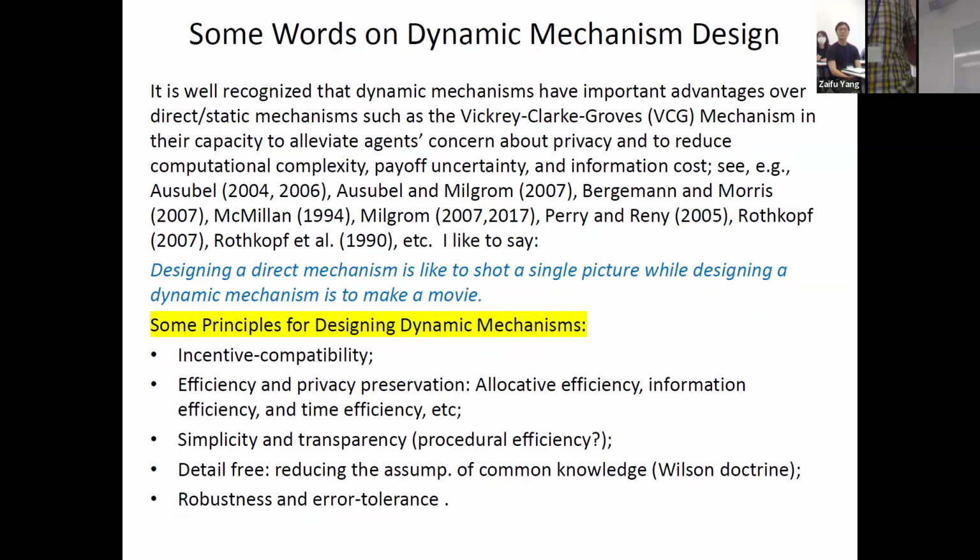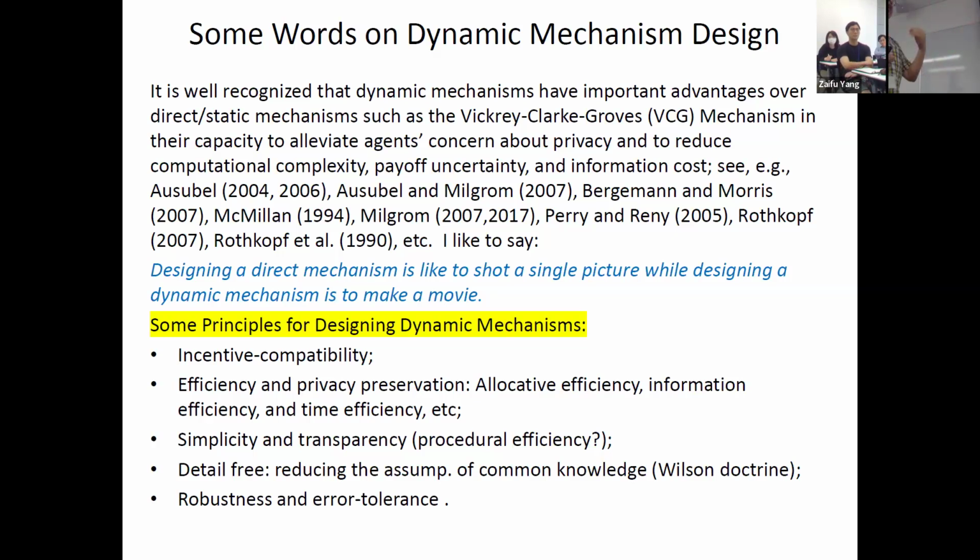We have to make the mechanism incentive compatible. Then the second one is about efficiency and privacy preservation. So it's about first efficiency, allocative efficiency. Then the second one is about information efficiency.